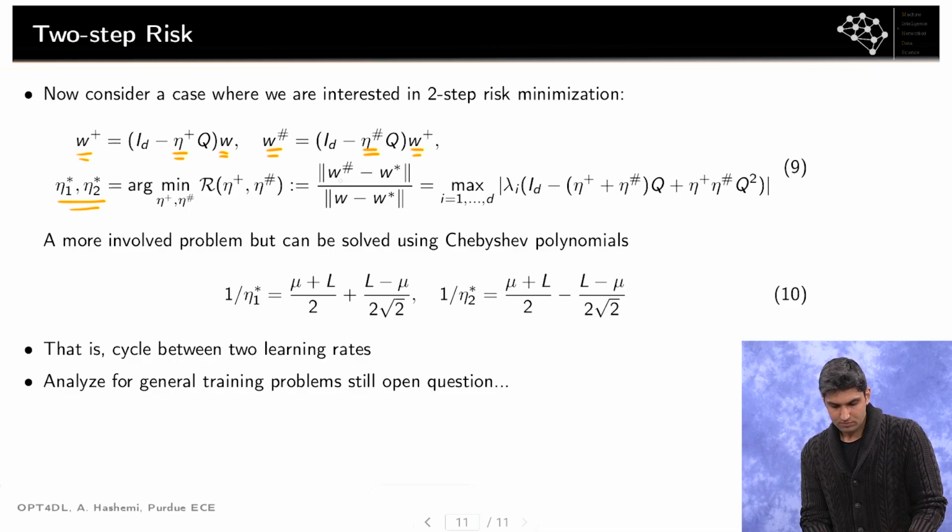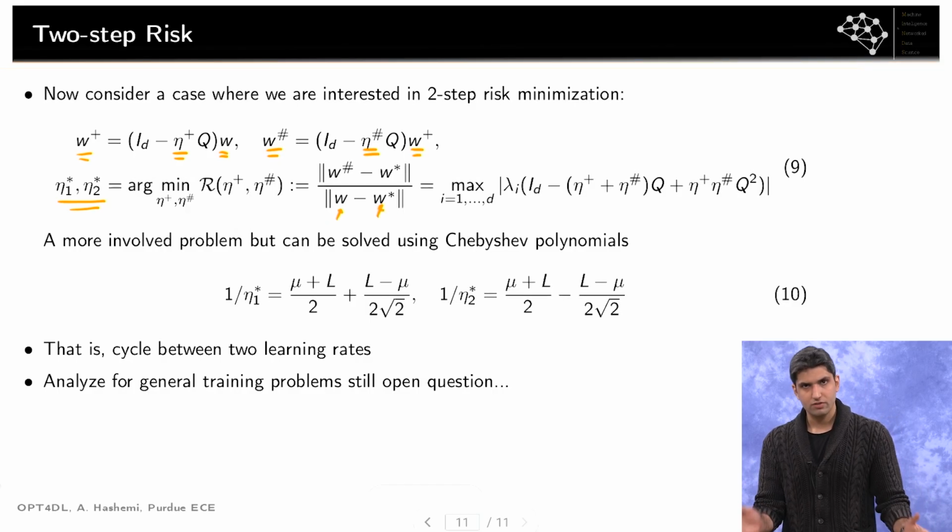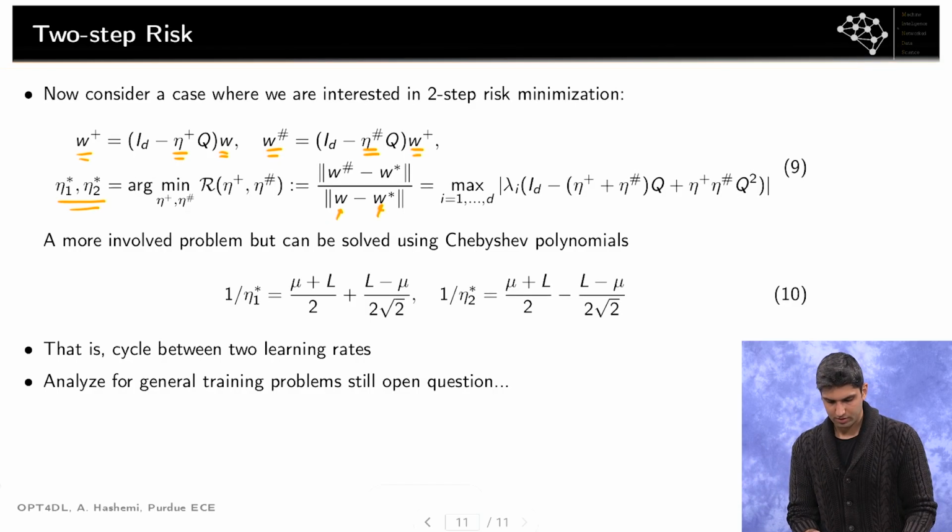Because I'm talking about what will happen two steps from now, I'm interested in the norm difference of W sharp and W star relative to the norm difference of the current solution and W star. Again, W star is 0 without loss of generality, so we are talking about this ratio. Using very basic linear algebraic techniques, we can show that this will be a function like this, basically a quadratic function.